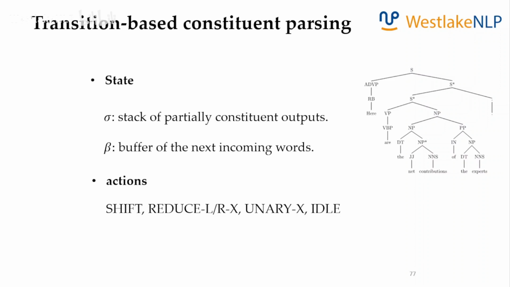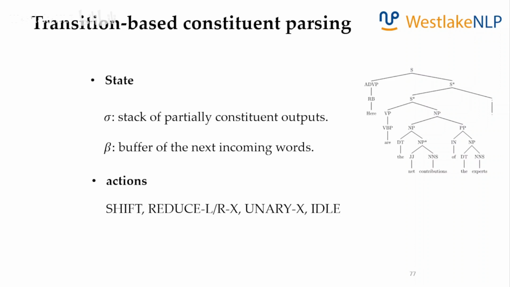Next action is reduce R NP. So basically this is a binary action. You took little boy, 2 words, off the stack and build a noun phrase NP node covering little boy. R means the head word is on the right, boy is the head word. And then you make another binary reduce action. You take the top 2 nodes off the stack and you build a new noun phrase node.